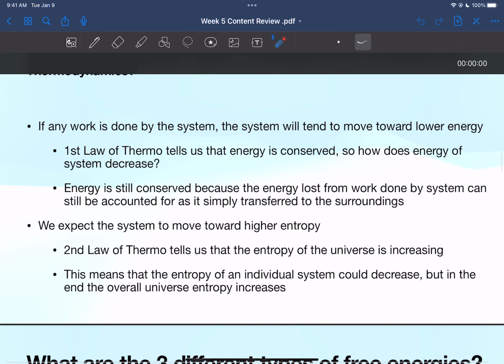Well, energy can still be considered conserved because that energy lost from work done by the system is simply transferred to the surroundings, right? If we analyze the environment, we can account for that energy that was quote unquote lost from the work done by the system.